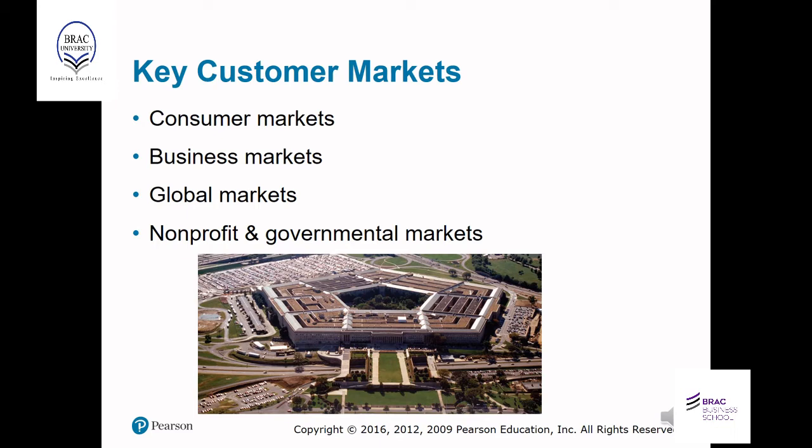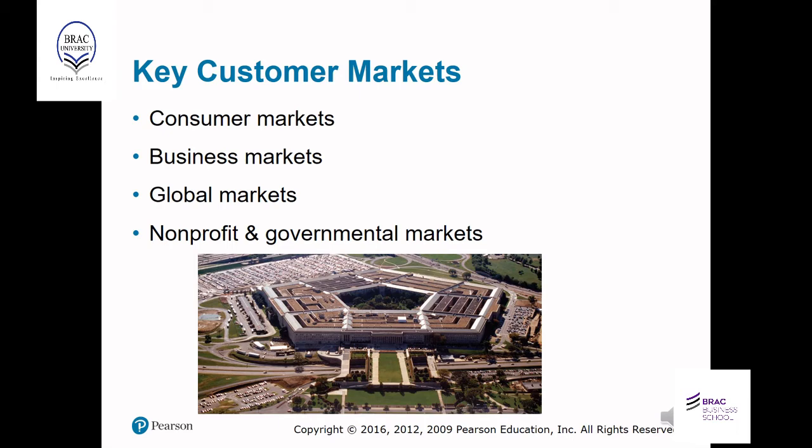Then the last pattern of market is non-profit and governmental markets. Sometimes we get confused with the term non-profit. It doesn't mean that the organization is not going to make any profit. It's a general procedure for an organization that when they make a profit, they have to share a percentage of profit with their stakeholders.